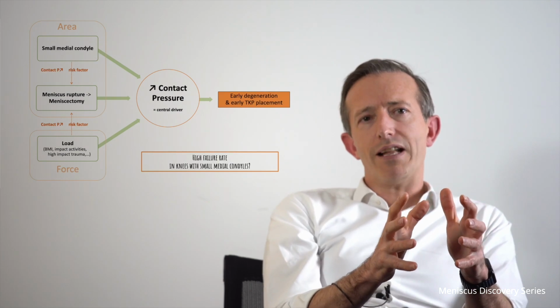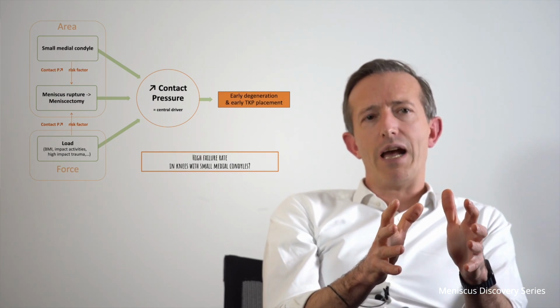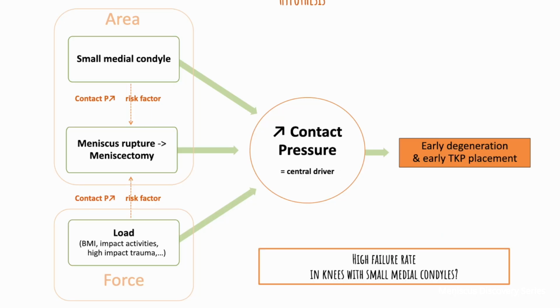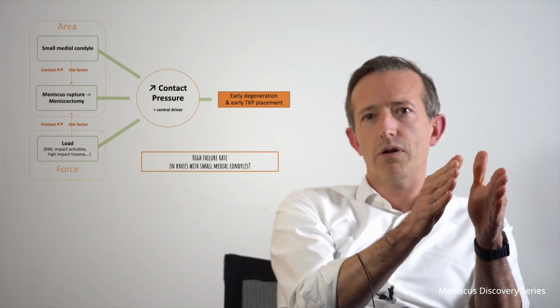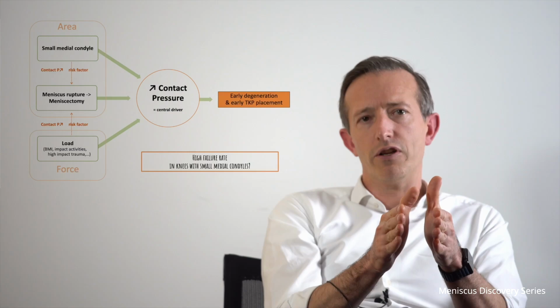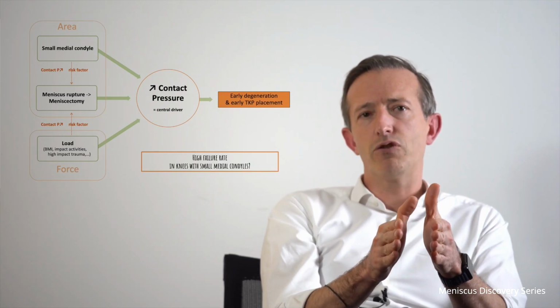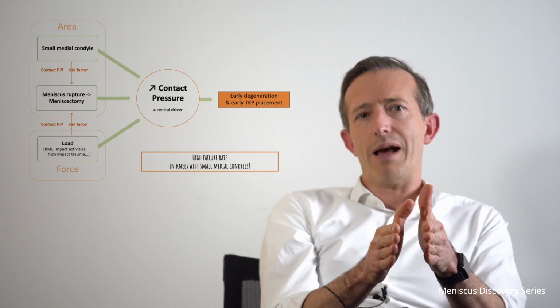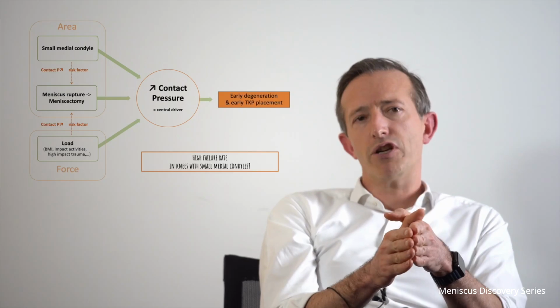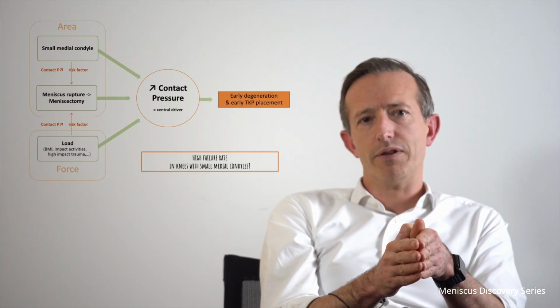But we now identified a knee morphotype where the load was normal, but the surface area was small, hence increasing the contact pressure on the compartment. So basically, normal load, but a smaller surface leads to increased contact pressure and most likely early degeneration of the medial meniscus and the medial compartment.